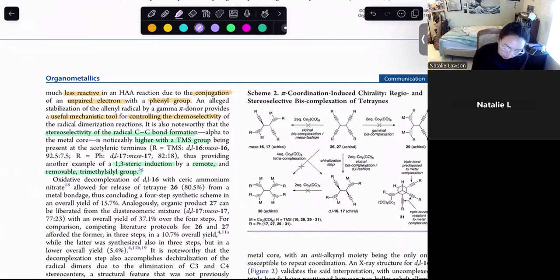Oxidative decomplexation of DL with ceric ammonium nitrate allowed for release of tetraene.